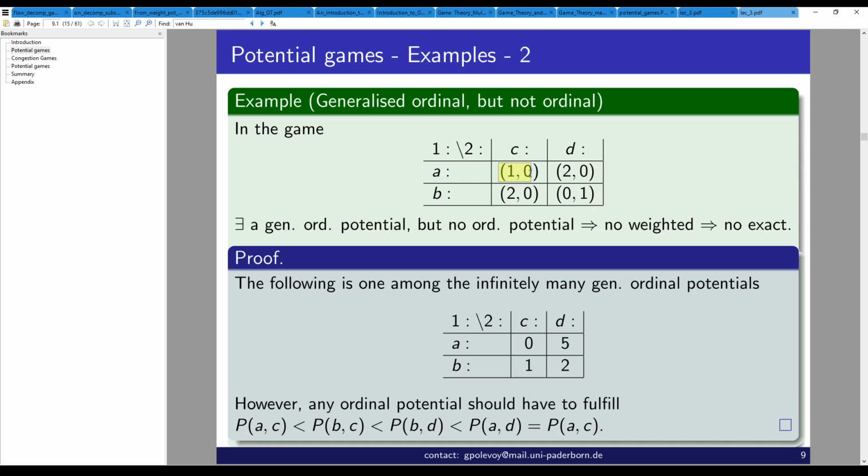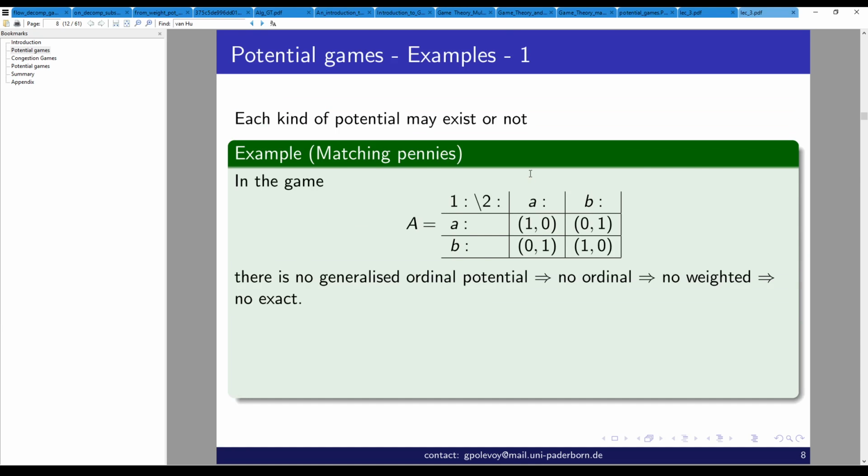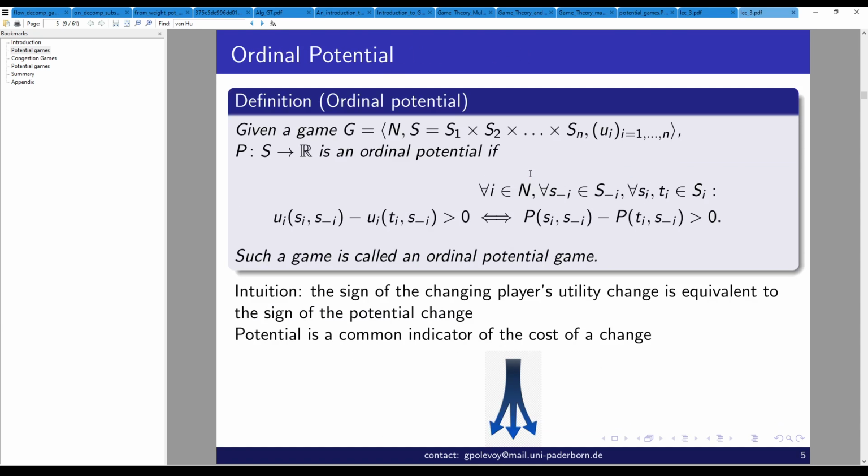Now, if it's a potential, then the potential has to be the same. Right? Let us go to the definition of ordinal potential. Increase if and only if increase. Change in the order, you will have decrease if and only if decrease.